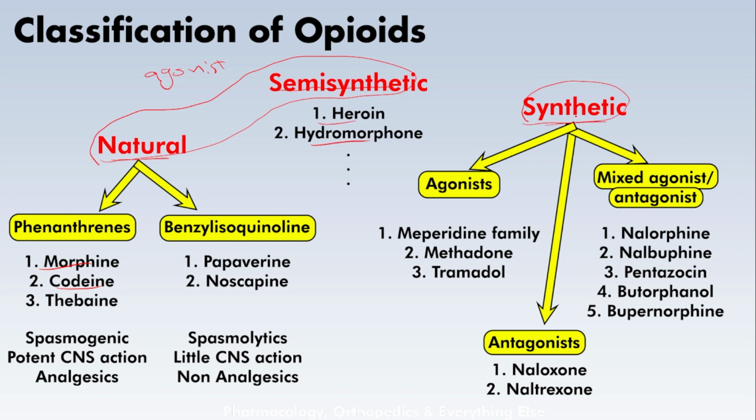Then we have the synthetic opioids, which are of three types: the agonists, the antagonists, and the mixed agonist-antagonist. Buprenorphine is included in this last group. The other members of this group are nalorphine, nalbuphine, pentazocine, butorphanol, and of course buprenorphine.